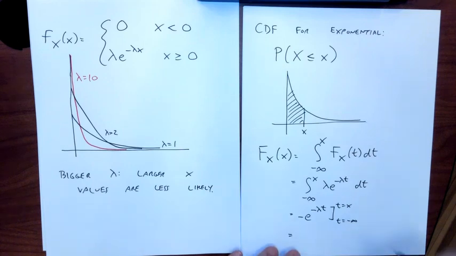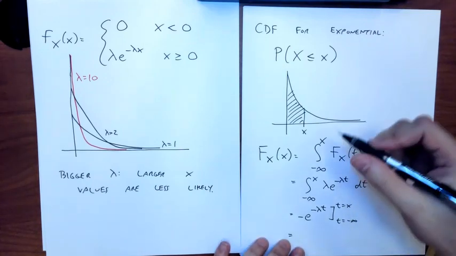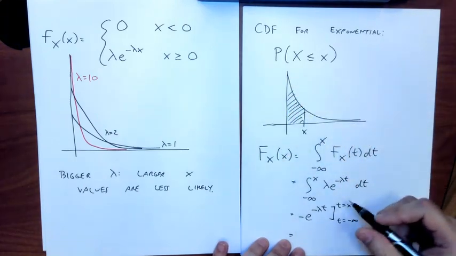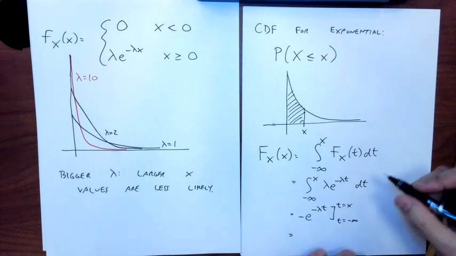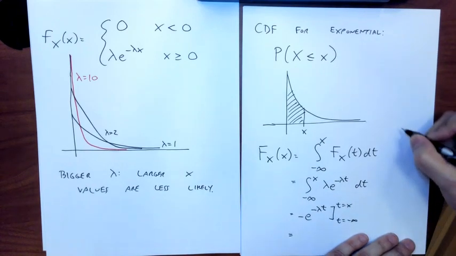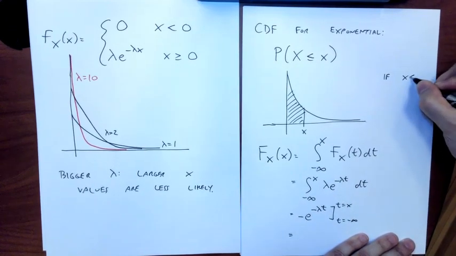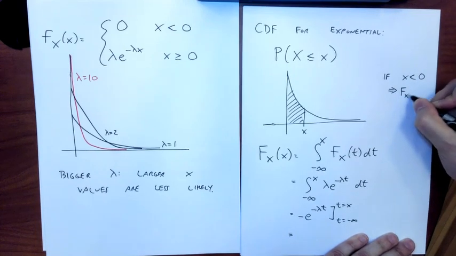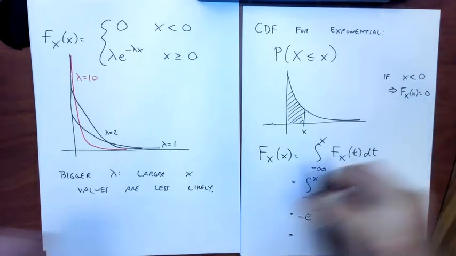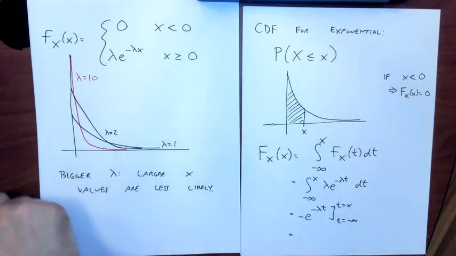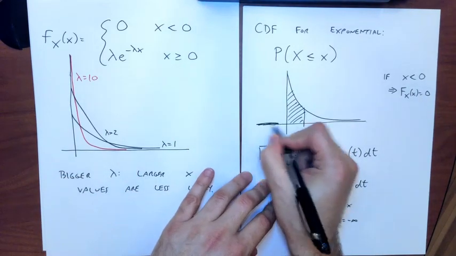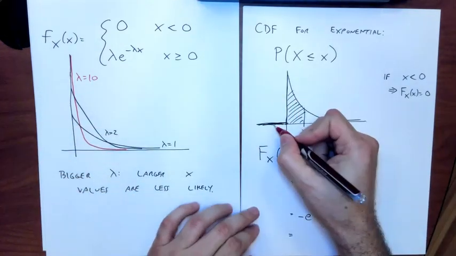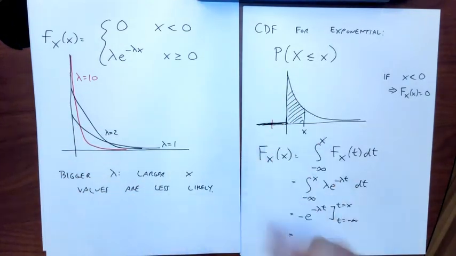I should think about this for a second, right? So actually, let's be clear that when x is, okay, so before I go on here. So if x is less than 0, then I should get that the CDF is equal to 0, right? So I have to keep in mind that this function really only applies up to this point, right? So if I were to draw my line here and ask, okay, what's the CDF for this value of x, I should get 0.